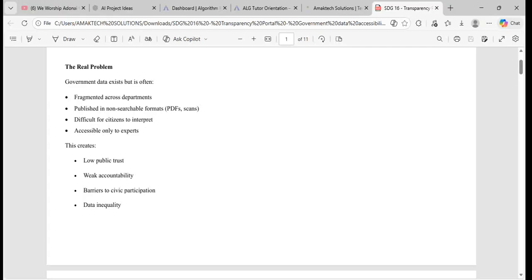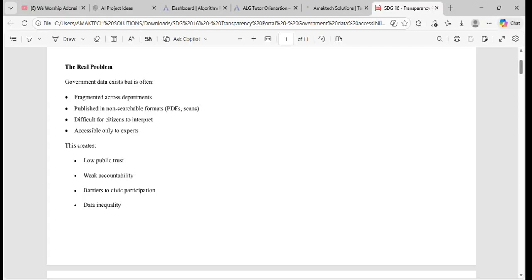But if they can see it clearly and have access to it, they can have trust. People trust what they see, not what they don't. So it brings low public trust and weak accountability.